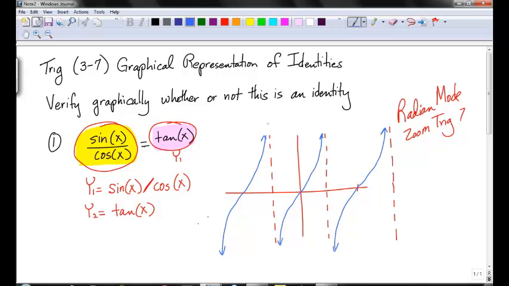Okay, now you need to put on the trace key on the top row. Put on the trace key. Get off the asymptote or the origin. Okay, so get off the origin.